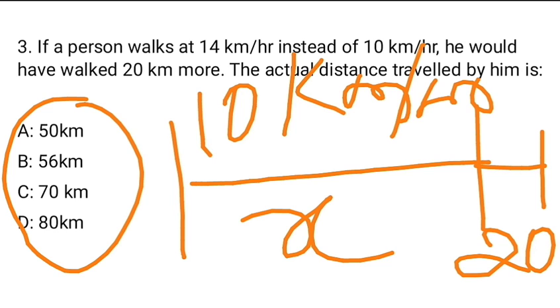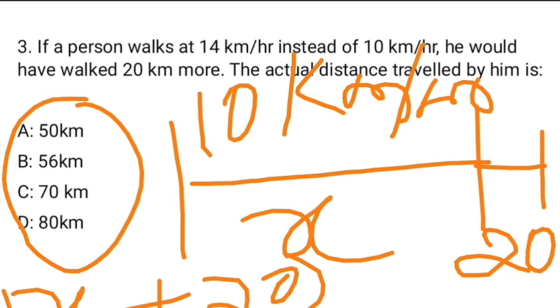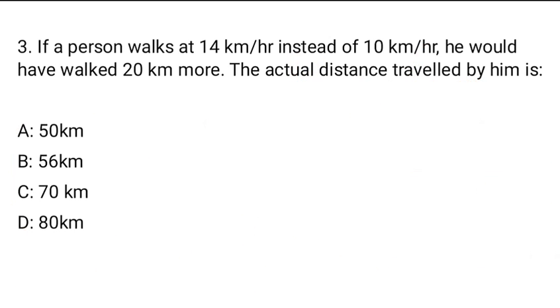That means if his speed was 14 km per hour, then he would have covered x plus 20 kilometers. Understand? So we have to calculate the actual distance traveled by him. That means the distance traveled by him with the speed of 10 km per hour. That is x. Okay. Let's solve the problem.